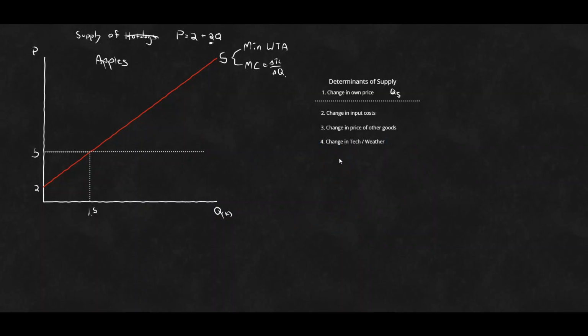The fourth determinant in our determinants of supply is changes in technology or weather. Really, the way that we can think about this is just an exogenous change. Something hits us in our ability to produce things. Because I still have it written as apples, let's start off talking about weather and apples.